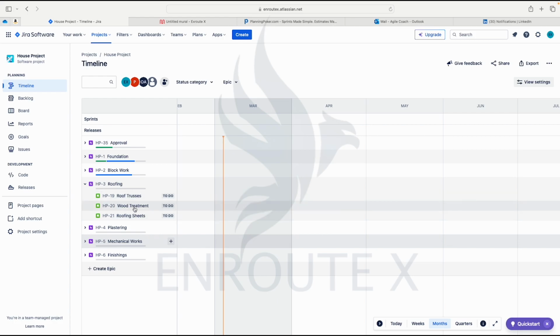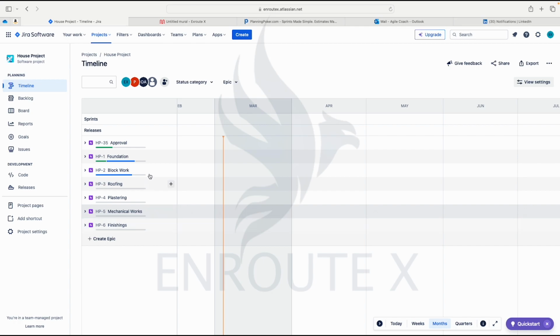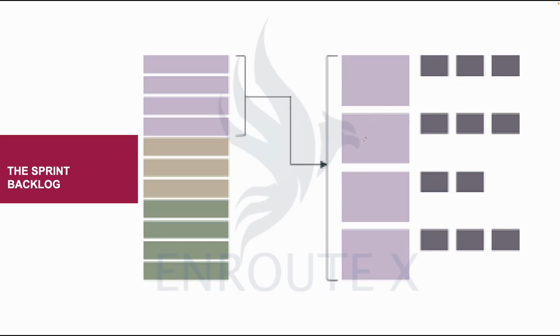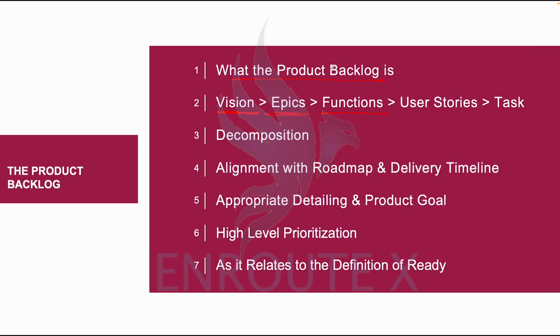Each of these also could be broken further, but for the sake of what we're working on now, just note that the vision itself is broken into epics. And of course, epics could be broken into functions as it could be required, where you want to put functionalities together and deliver them.